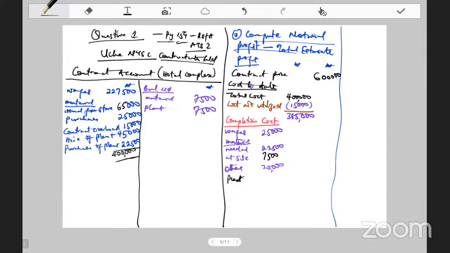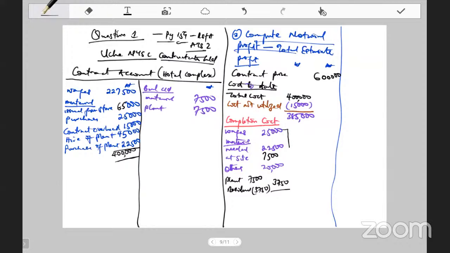But don't forget, we are not using the entire 7,500 for the contract, because out of that 7,500, there must be a residual value of 3,750. So how much will still be needed for the contract? 3,750, I guess. 3,750.